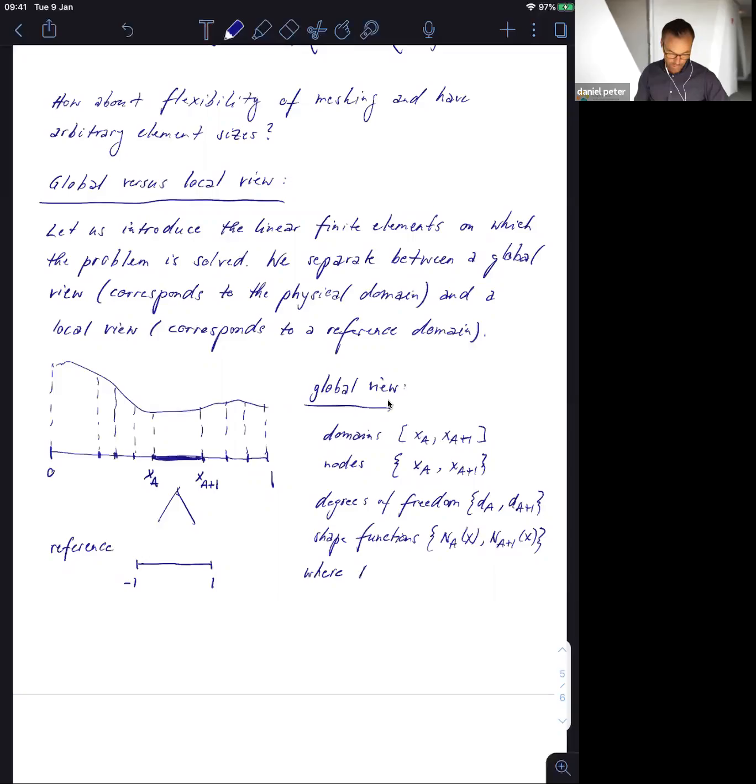Where NA of X is now defined as our piecewise linear functions, these tent functions.